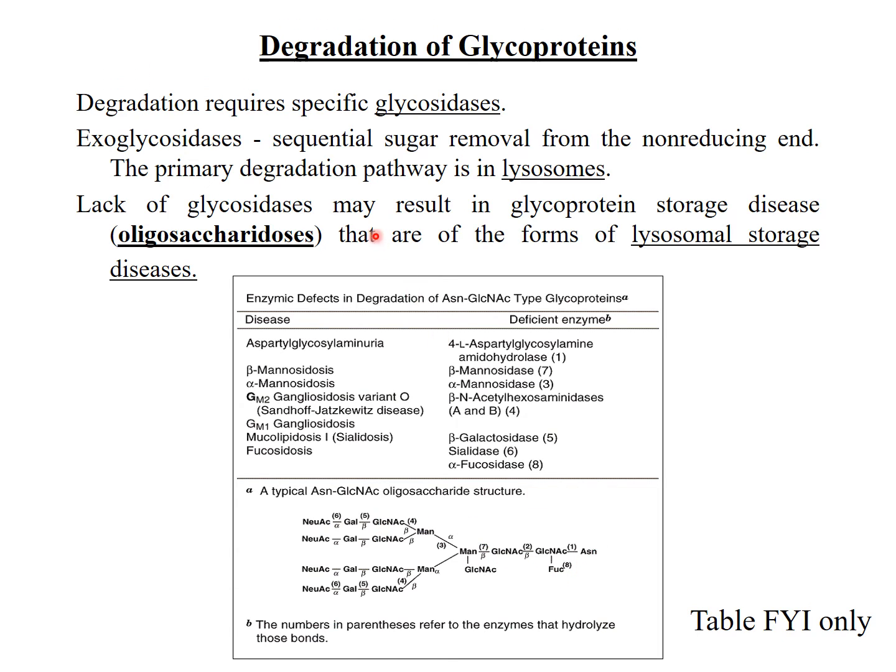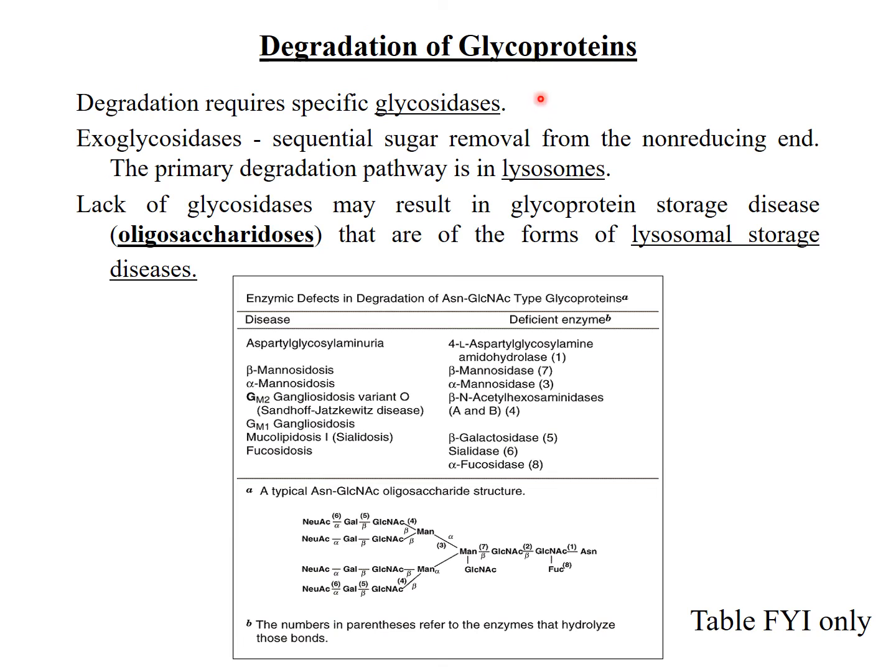So even if just one of these many hydrolases is missing from the lysosome, we develop lysosomal storage disorders. In this case, which is related to glycoproteins, we call them oligosaccharidoses.